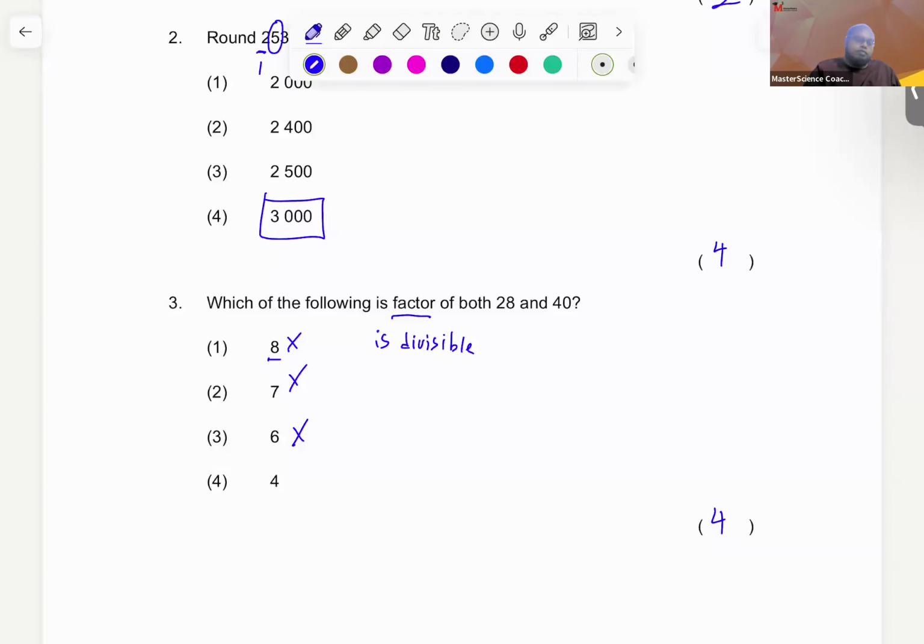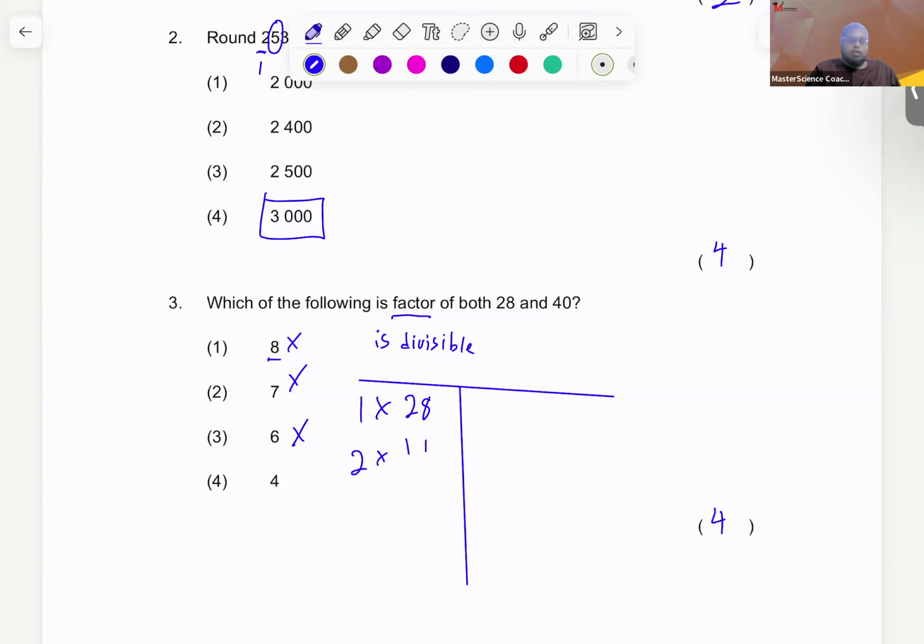Okay, if I were to list down the factors, for 28, first I got 1 times 28, then 2 times 14, then 4 times 7, right?